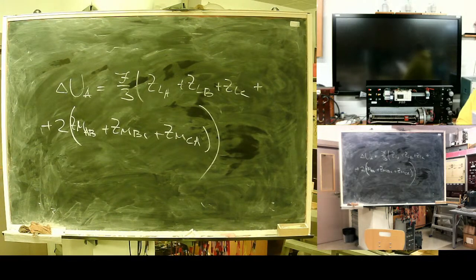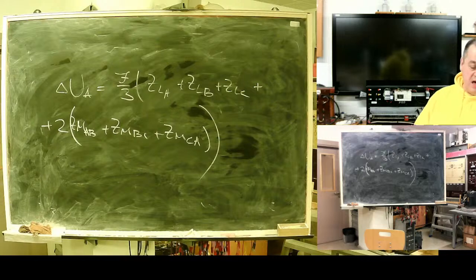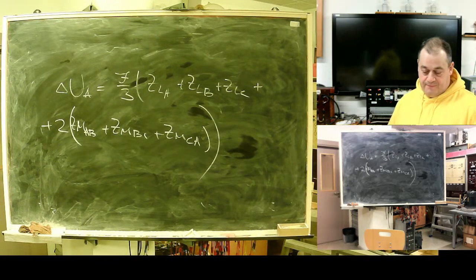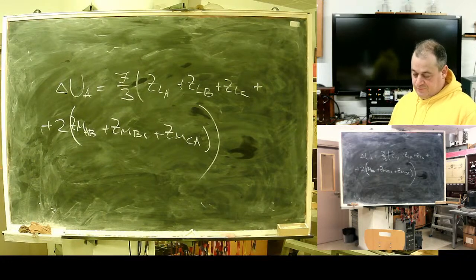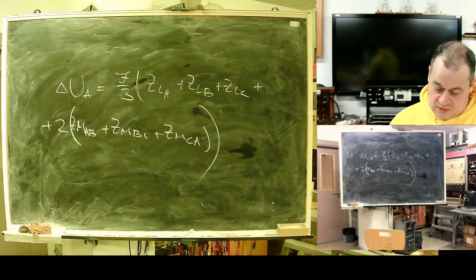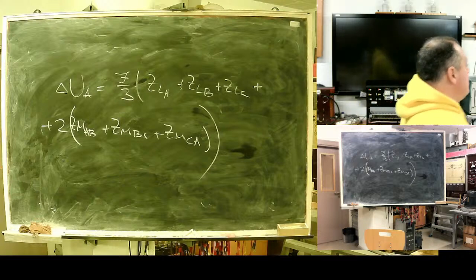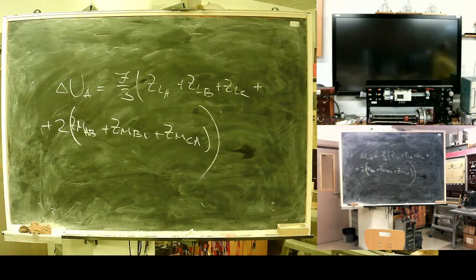Triple self plus double sum of mutual. It's for A phase. Now more complex.